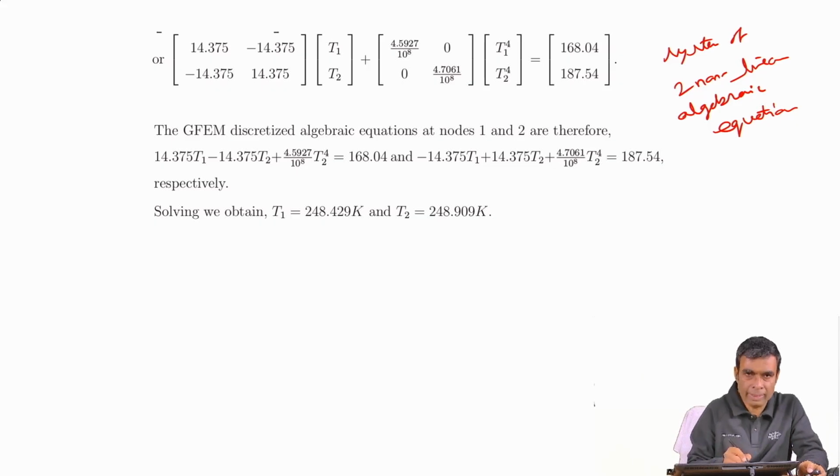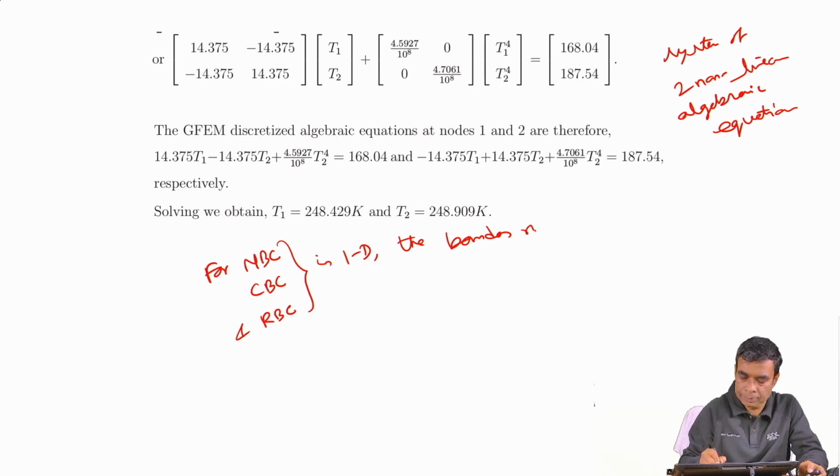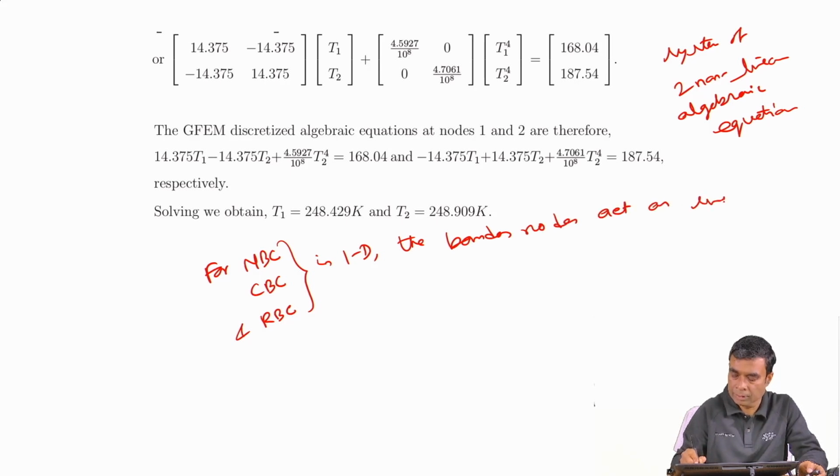Now I just mentioned here that for NBC, CBC and RBC in one dimension, the boundary nodes act as single noded point element.